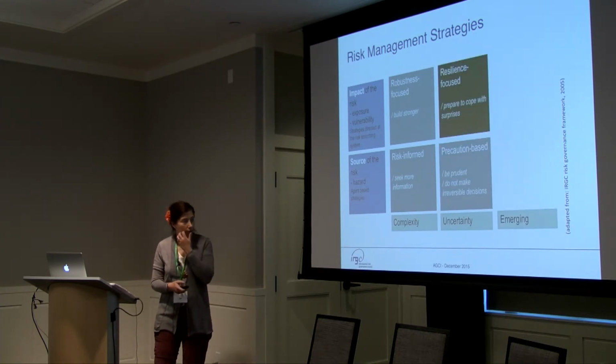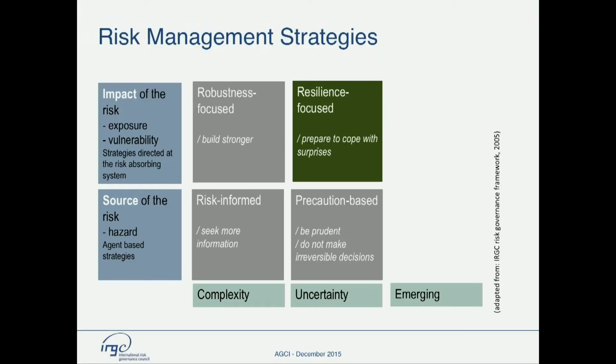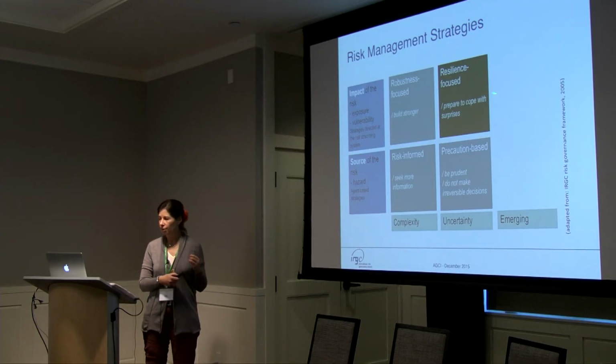The third and fourth boxes are strategies to deal with uncertainty. In the first, dealing with the source of the risk, we have precaution-based strategies. I don't mean the precautionary principle. I mean an approach to risk that is based on prudence, and so it's being prudent and not making irreversible decisions. In the fourth box we have resilience. What I want to show here is that resilience is one of four risk management strategies.